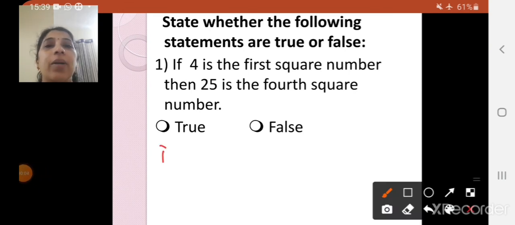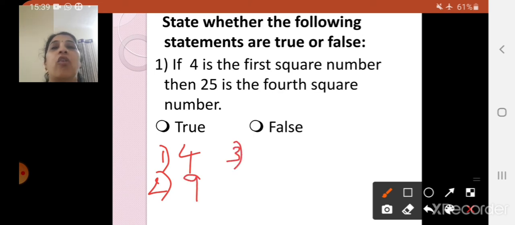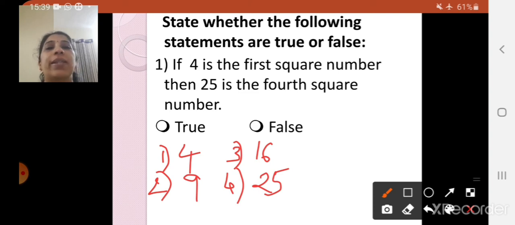First square number is 2, right? 2 square is what? 4. Now what is the second one? 3 square. 3 square is what? 9. Then what is the third one? 4 square is 16. And what is the fourth one? Fourth number is 5. 5 square is 25. That means the statement is correct that 25 is the fourth square number. So you will select the answer as true, right?